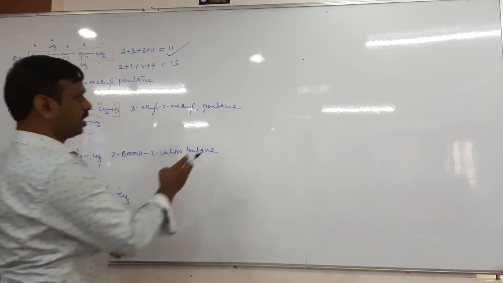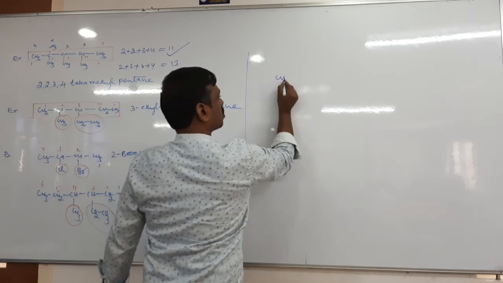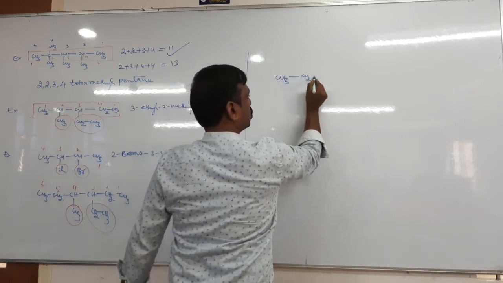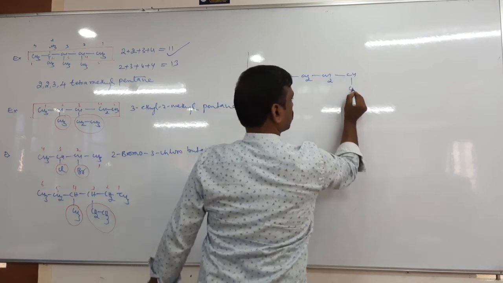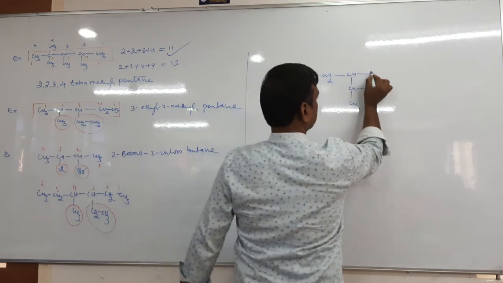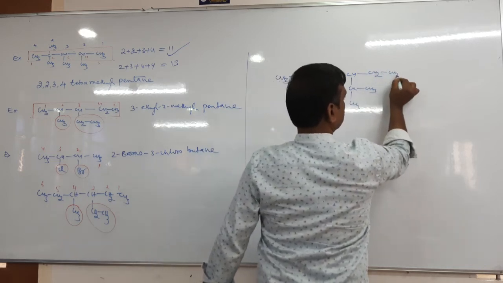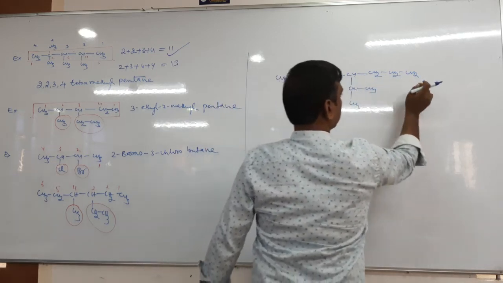Okay, for example, let us take CH3, CH2, CH2, CH, CH3, CH3, CH2, CH2, 1, 2, 3, 4, 5, 6, 7.